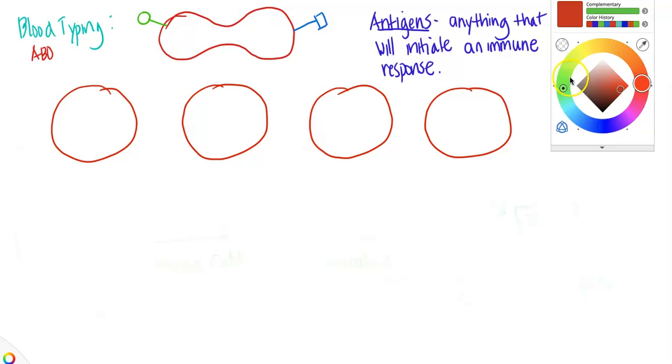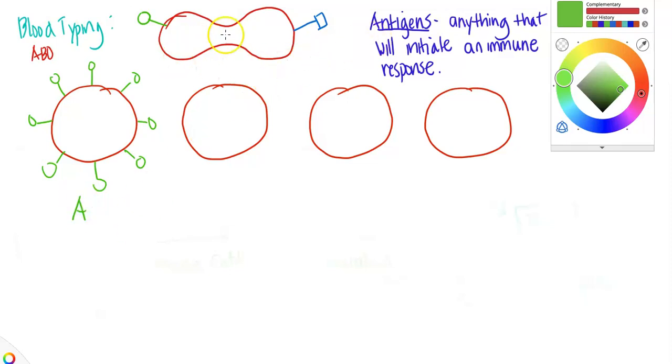The first one is this one. So we have this antigen, this is the one that was up here. And on this cell, only this antigen is here. So this is going to be A.